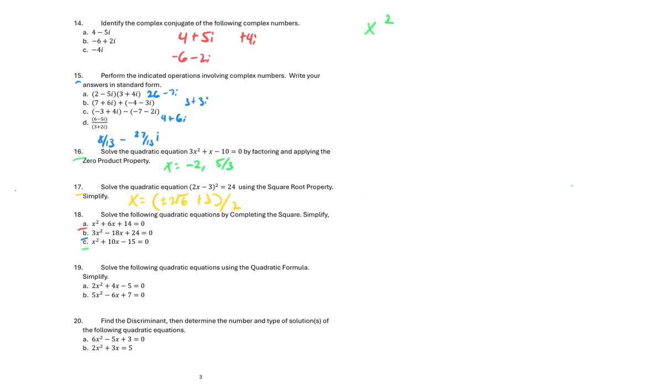Next, x squared plus 10x minus 15 is equal to 0. We already have that implied 1, so we get (x plus 5) quantity squared. When we did that, we actually added 25, so we need to subtract 25.